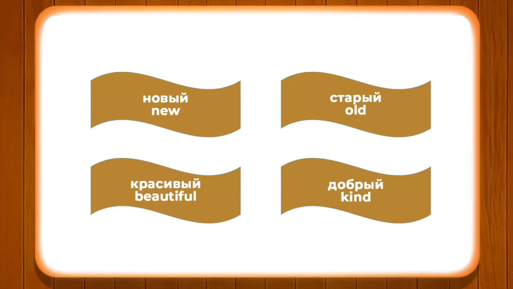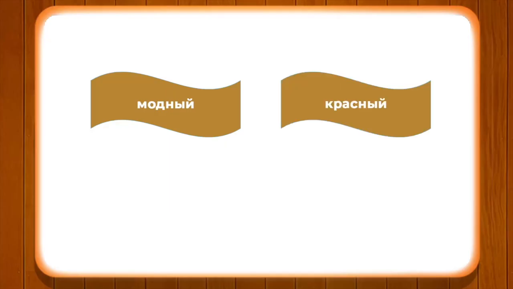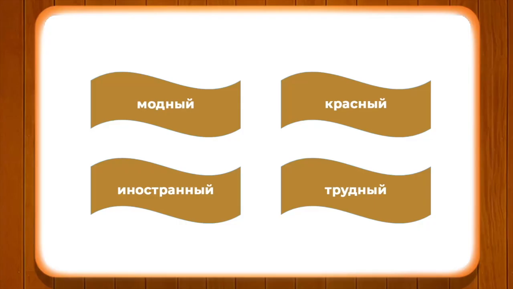Alright, I hope these pronunciations, with the help of the concepts which we have just taught, are clear to you now. Now, we will be having a few more such words. The first one is модный, красный, иностранный, трудный.